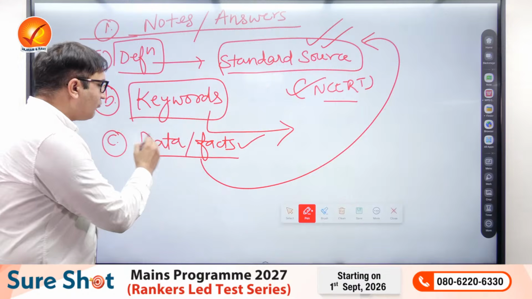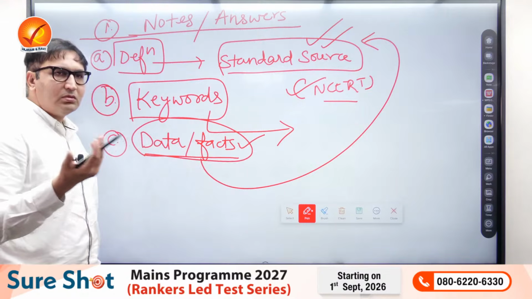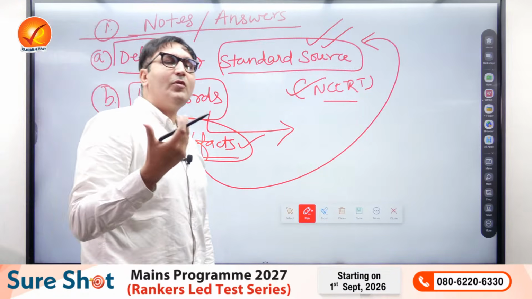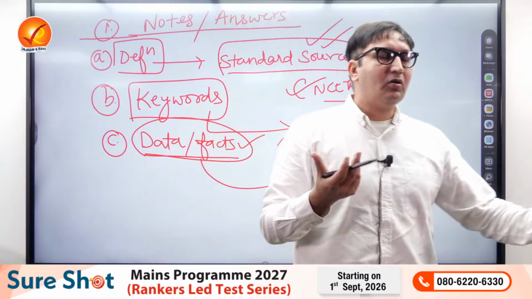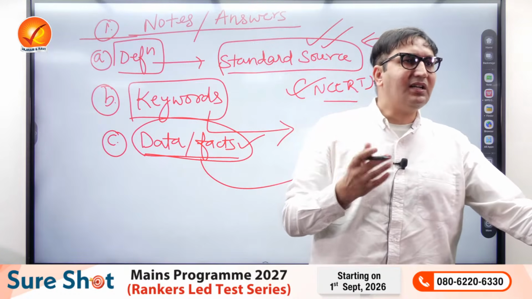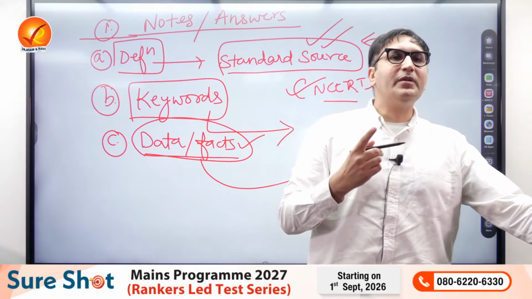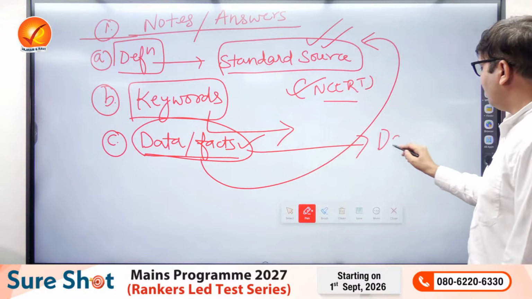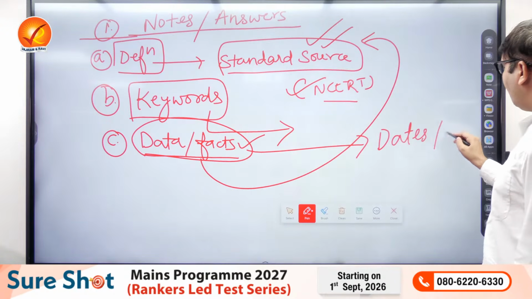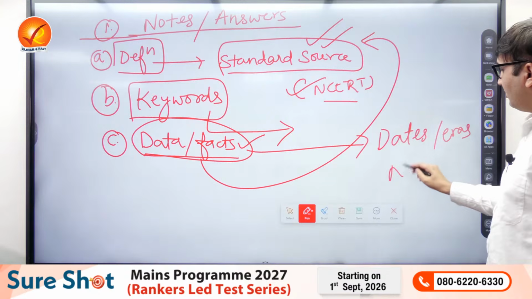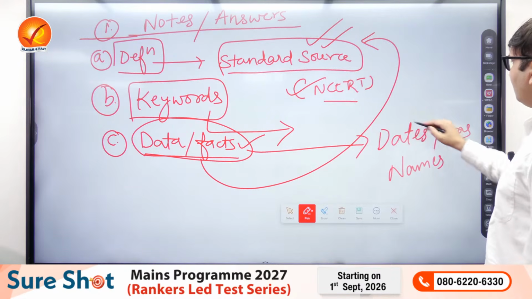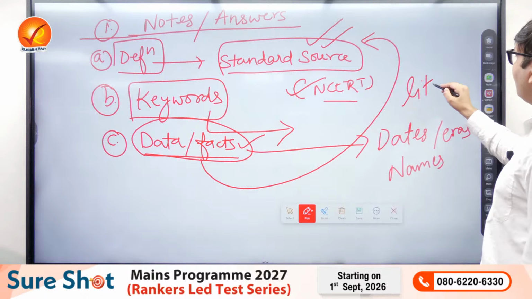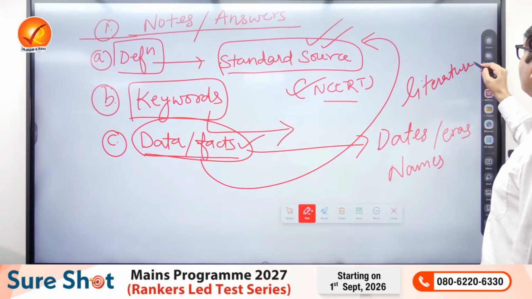Now, what data should you know? If we are talking about, let us say, history or art and culture, in paper 1, what will you be writing? You should know the names and dates, eras, names, literature, or literary contributions.